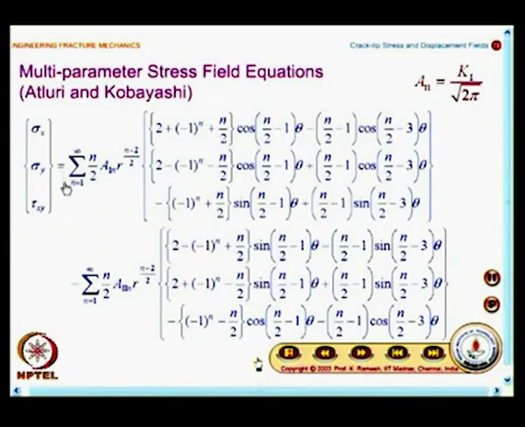The first series involves the coefficient capital A1n, the second series involves capital A2n. So the first series is meant for mode 1 loading, whereas the second series is meant for mode 2 loading, and n varies from 1 to infinity.